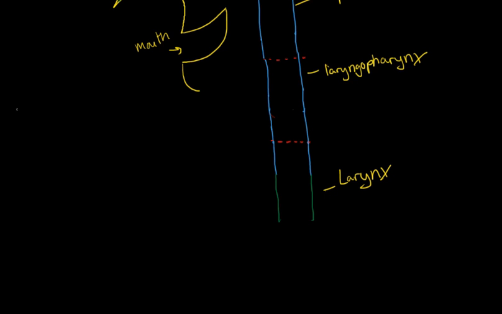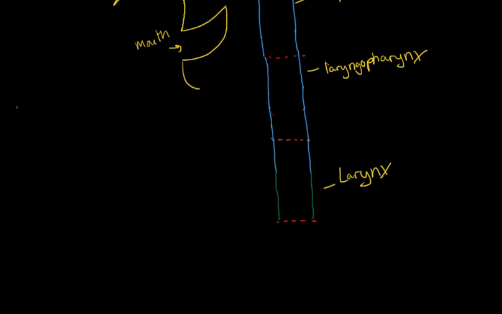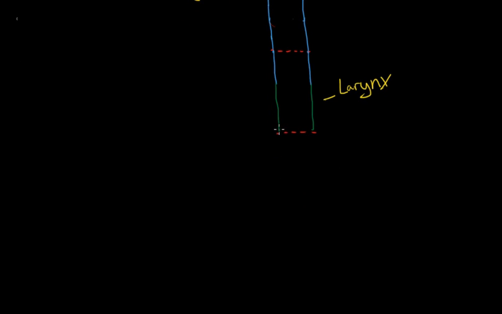Followed by that, we have the trachea. And that's going to be pseudostratified ciliated columnar. So as we move down, not to scale. Trachea.